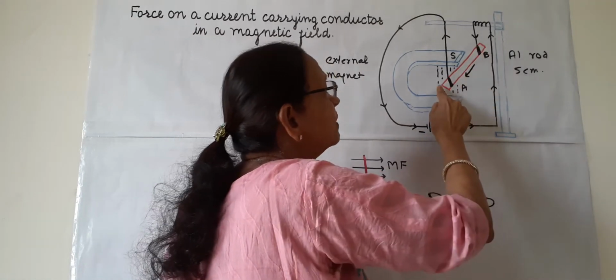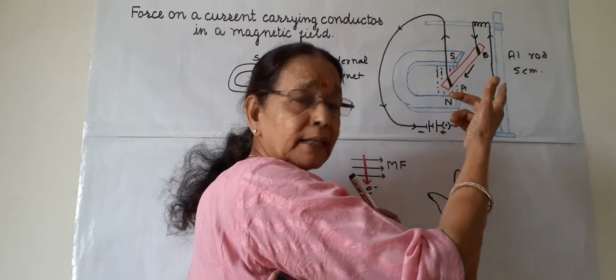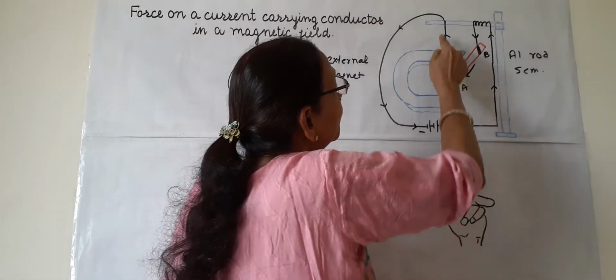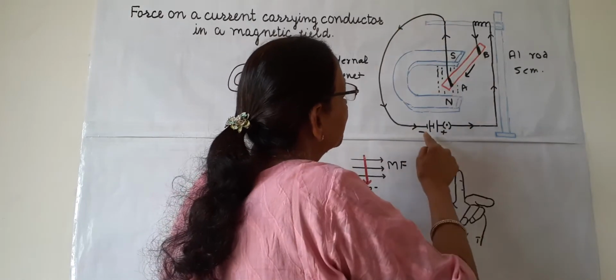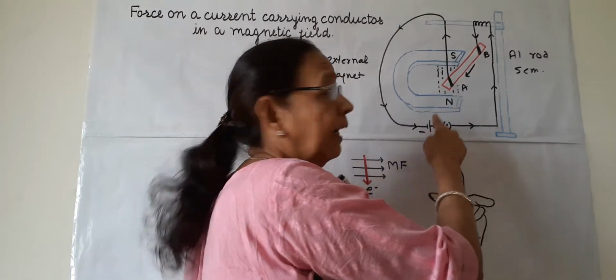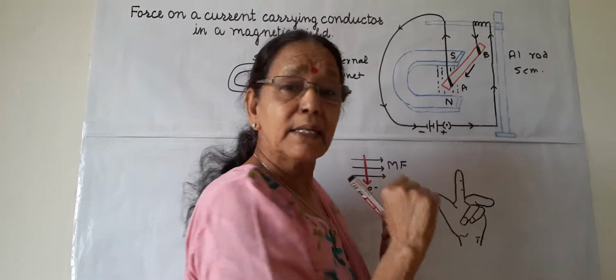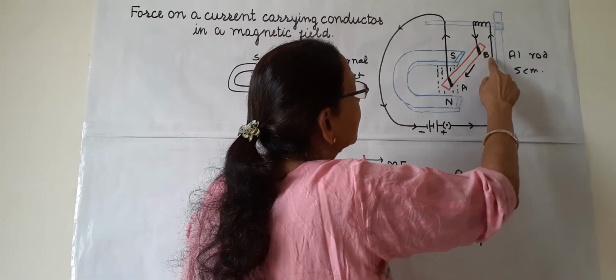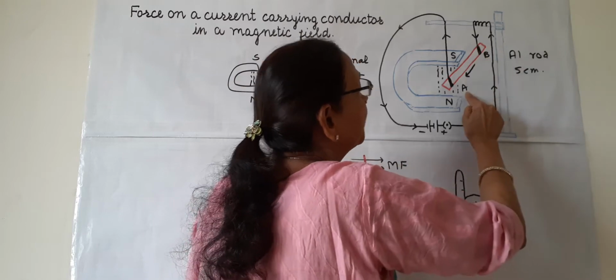Then it passes through the aluminium rod, which is a conductor, comes to A, and from A through this wire it comes back to the battery. A complete circuit is formed. So in this way the current is passing from B to A.